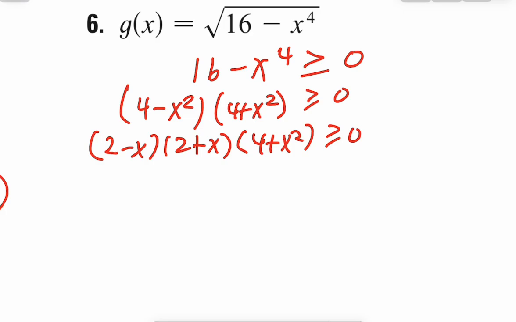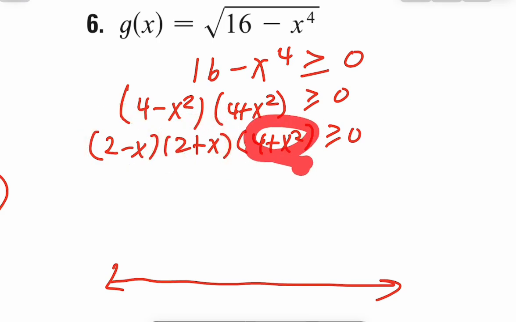Well, we think about making a number line as a placeholder. This equals 0 at positive 2. This equals 0 at negative 2. This does not equal 0. So the only values I got to put on there are negative 2 and positive 2.